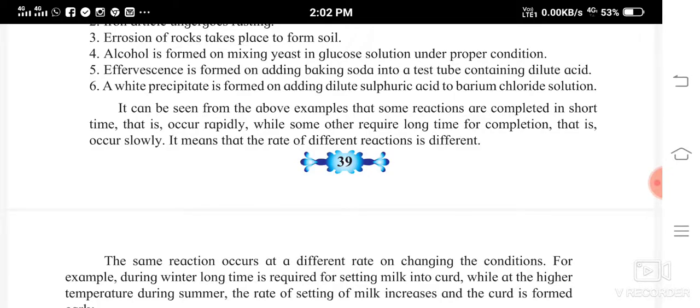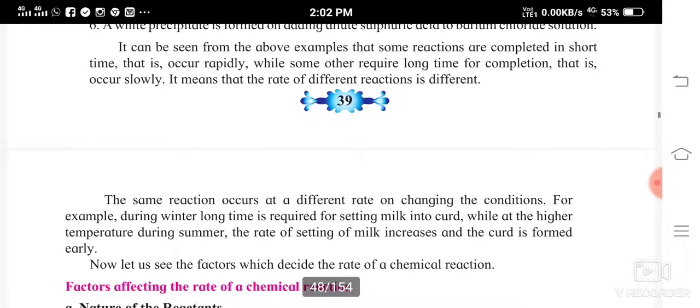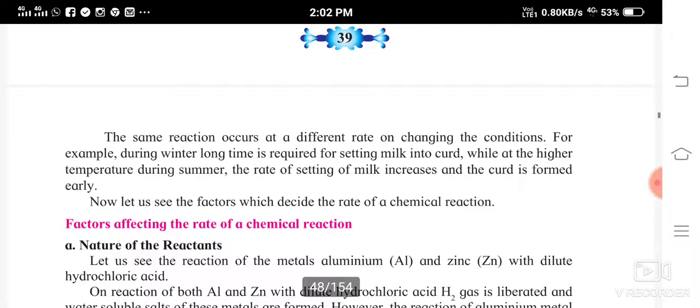So it can be seen from the above examples that some reactions are completed in a short time, that is, they occur rapidly, while some others require a long time for completion, that is, they occur slowly. It means that the rate of different reactions is going to be different.